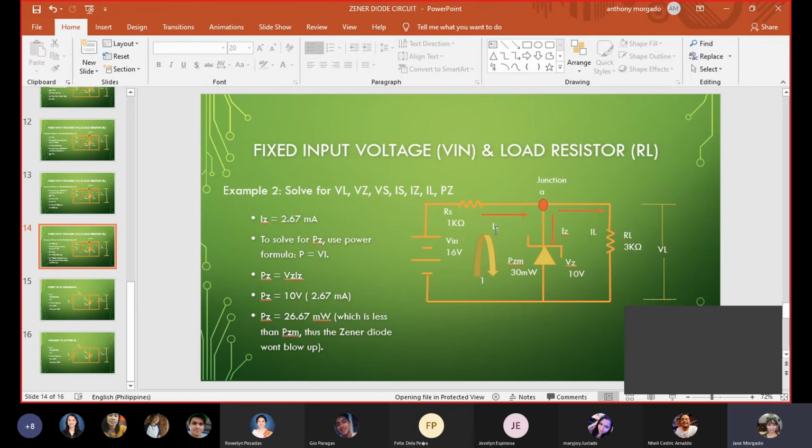Kaya 'di ba minsan yung mga resistor mainit pag hinahawakan, yung power dissipation. But nevertheless, this is still less than PZM, 30 milliwatts. Dapat hindi pa sasabog tong Zener mo.